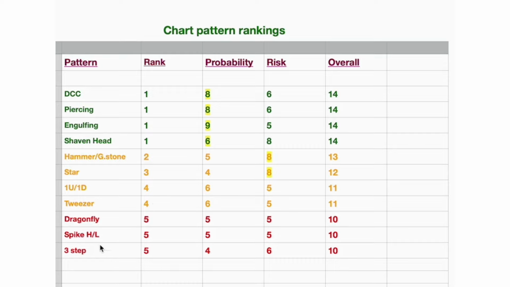Then we get to these. These are actually, funnily enough, the most common and interesting ones for a lot of traders, but they're my lowest ranked. They're lowest ranked because I think the probability of winning is pretty low. You've got a 5 on the Dragonfly, 5 on the Spike high and low, and a 4 on the 3-step. And then the risk on these trades is not great either, so we get 10s for those 3.